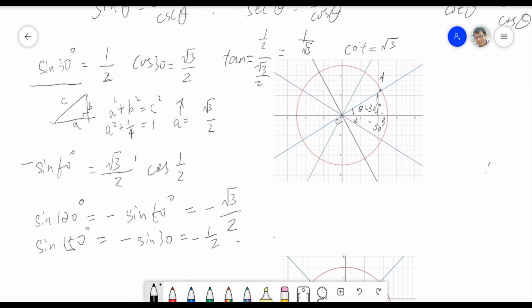Okay. So other special numbers that should be remembered are sine what? 180 will not count. So 210 will be counted. Okay. And what others? So 240 will be counted. Okay.